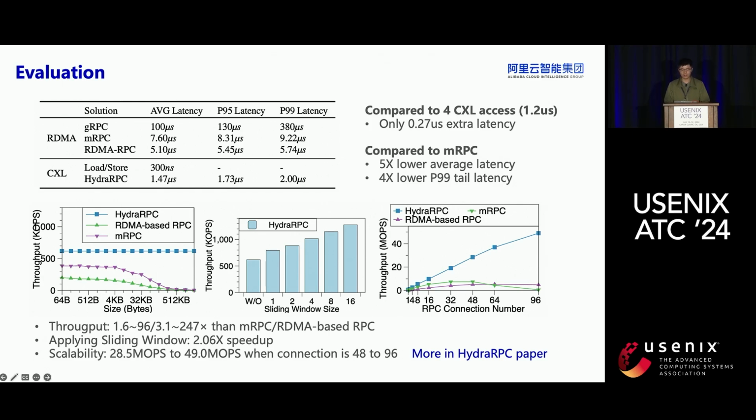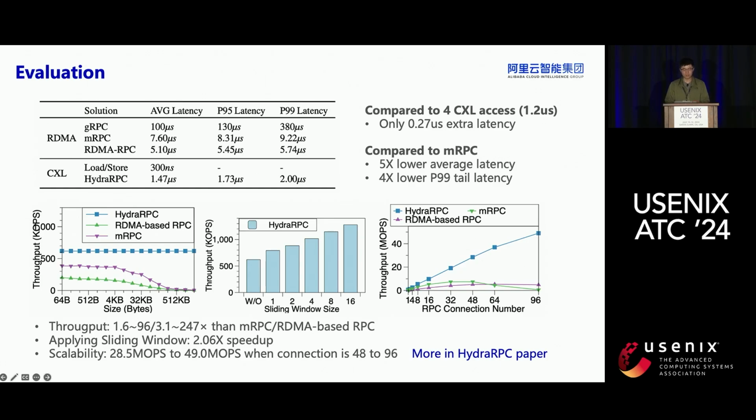We also evaluate HydraRPC with different sliding window sizes from 0 to 16. The throughput of HydraRPC can achieve 1.28 MOPS when the sliding window size is 16, and is 2 times higher than HydraRPC without applying sliding window. Last, we evaluate the scalability. The performance of HydraRPC is higher than MRPC and RDMA RPC.